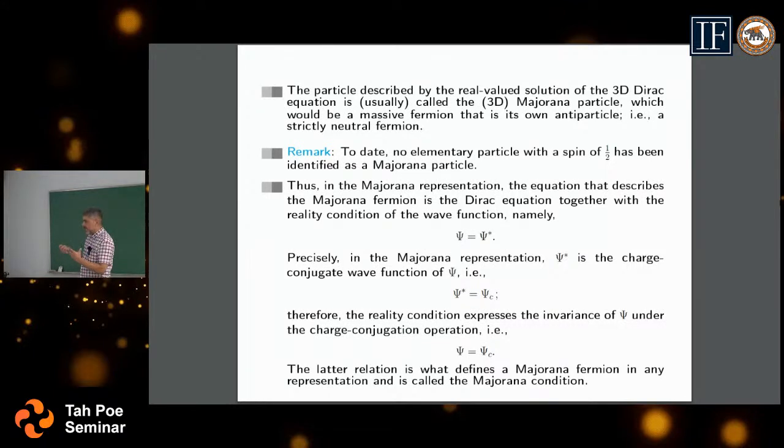The description in that case is in second quantization, but they do not have a fermionic statistic, so they are not really Majorana particles. So you can have some excitation in condensed matter that you can consider a kind of Majorana particle. Also, these kinds of particles can be used in quantum computation, in fact.